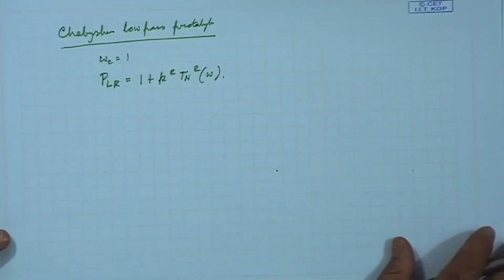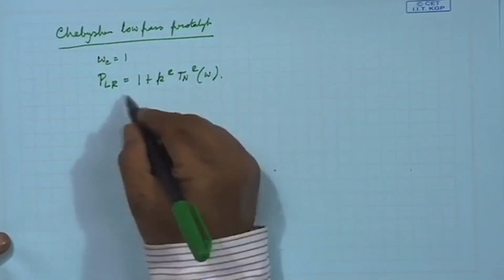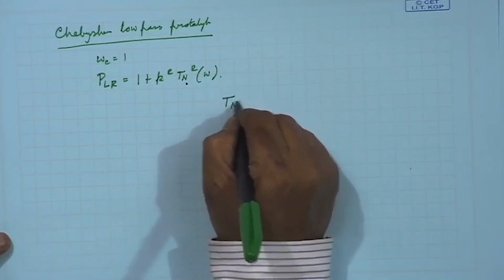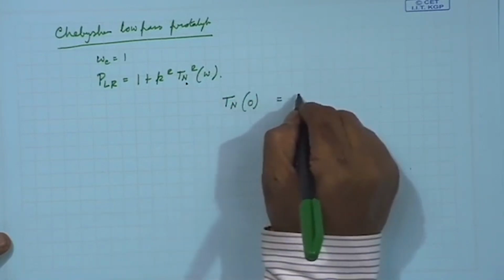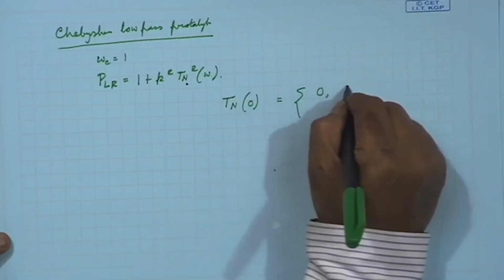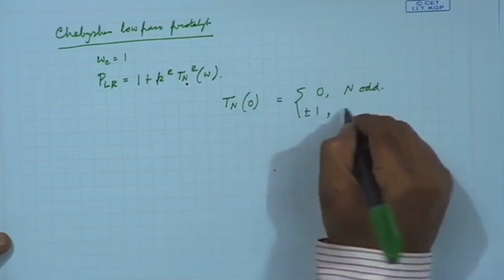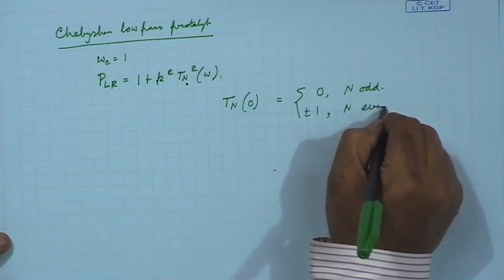Now, these Chebyshev polynomials have a property that T n 0 is equal to 0 if n odd and plus minus 1 if n even.